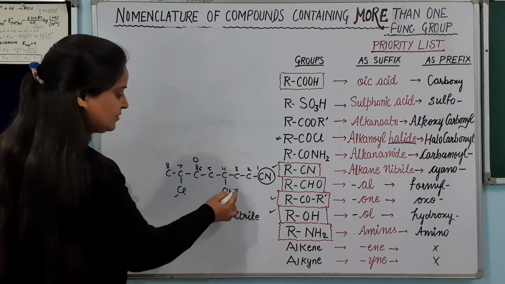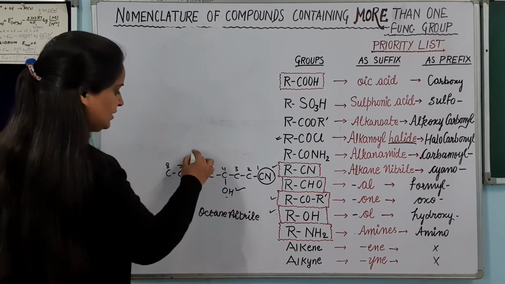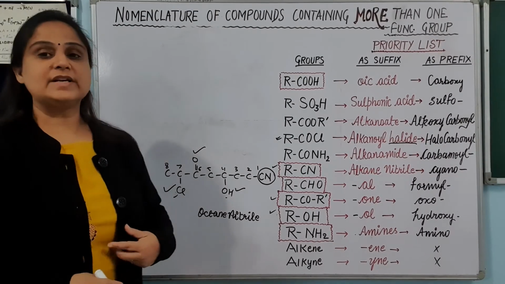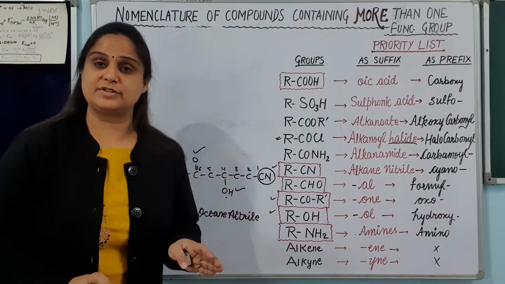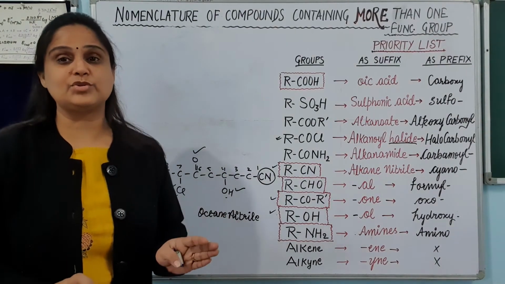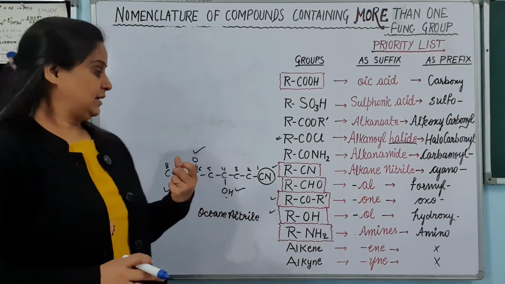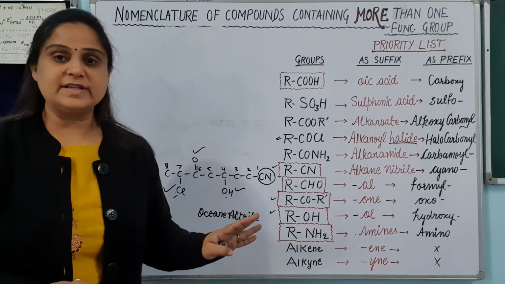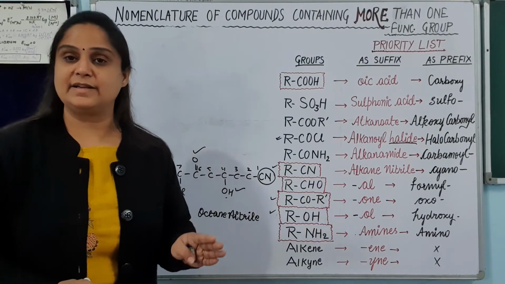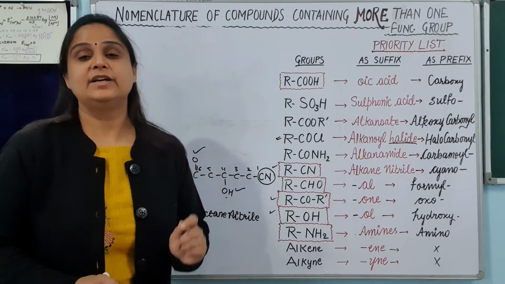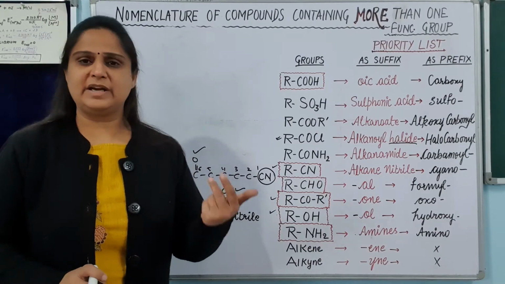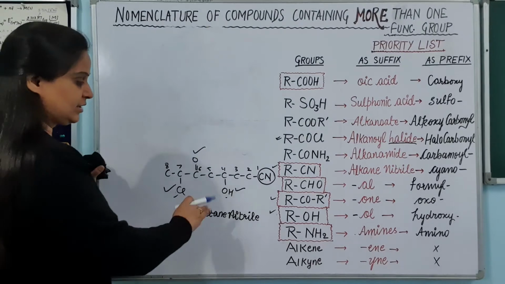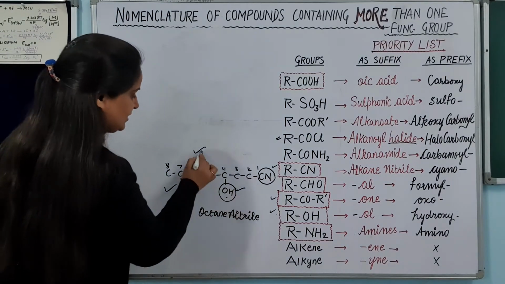Now what is left? This one and this one, and these are all substituents. Once you select them as substituents, you are not supposed to consider their priority list. Whatever is a substituent will be written alphabetically and the location will be made accordingly, whatever the positions are. So I am writing down what prefixes are present here.